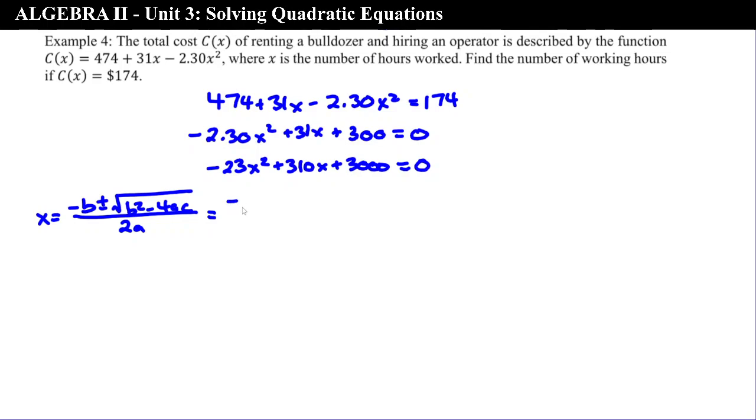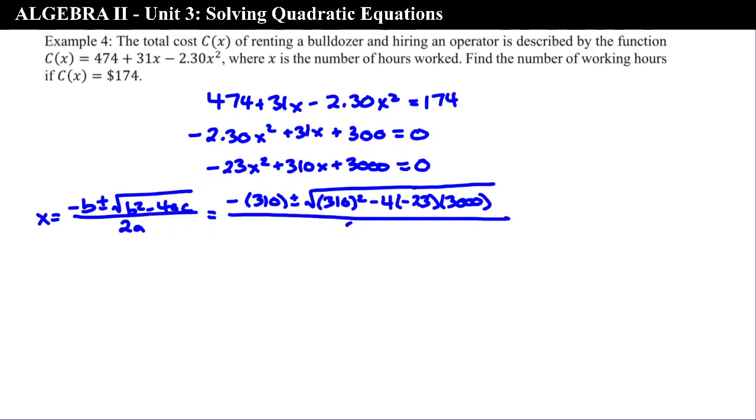So we're going to put in 310 for b here and here. We've got 4. A is negative 23. C is 3,000. As usual, I didn't draw my square root nearly long enough. And then 2a.